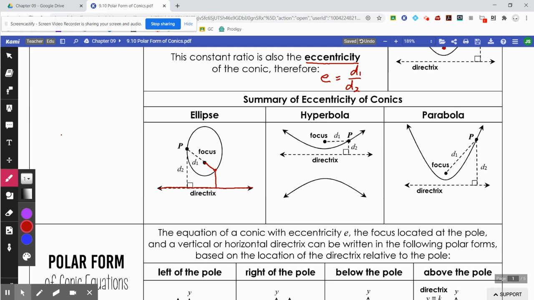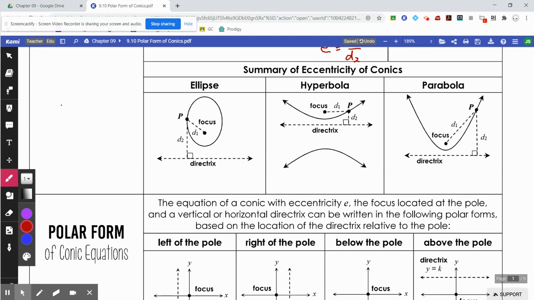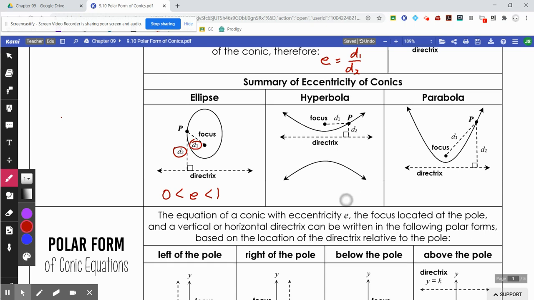D2 is a little bit longer. No matter what point you pick, D1 over D2 is going to be a constant, the same thing every time. So when you're dealing with an ellipse, since D1 is less than D2, your eccentricity is going to be less than 1, but greater than 0. It'll always be somewhere between 0 and 1 because D1 over D2 will be a fraction.